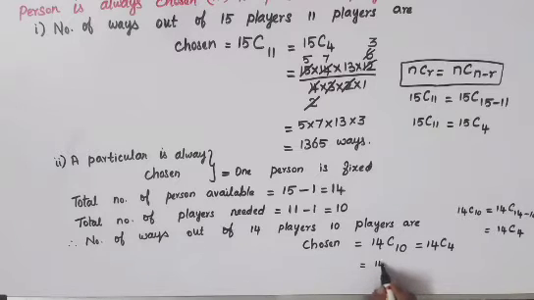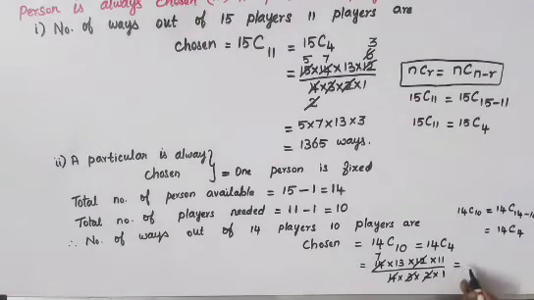So 14, 13, 12, 11 divided by, from 4 you'll have to start, so 4 into 3 into 2 into 1. So just cancel it. 4 threes are 12, so you can cancel with this 12. So 2 and 14, 7 times you'll get. So the left out terms will be 7, 13 and 11. So when you multiply, your answer will be 1001 ways.